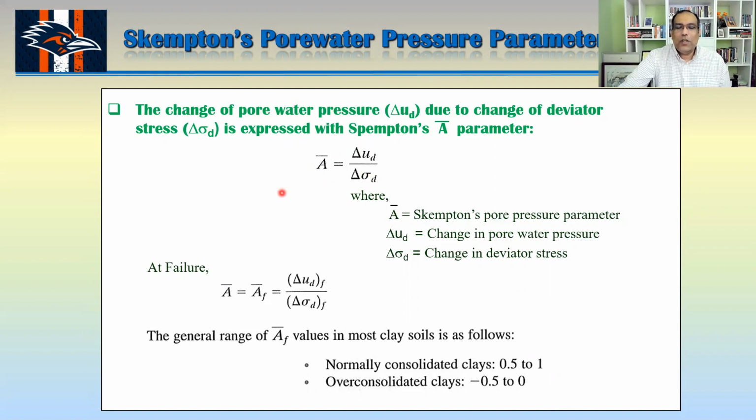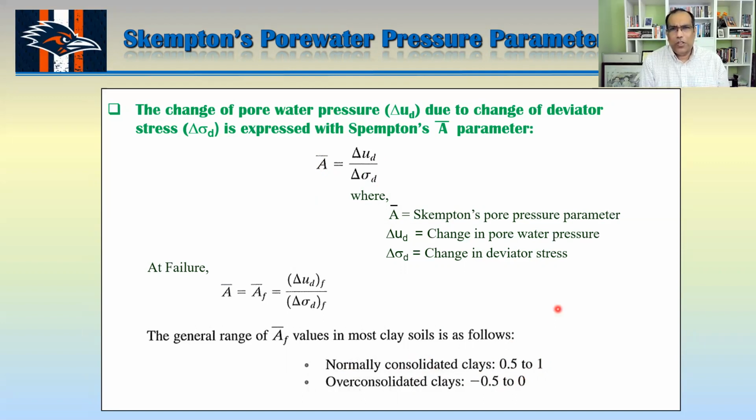So two different stages. Now you can see your A bar value is not equal to 1. Okay, for normally consolidated clay, this could be 0.5 to 1. For over consolidated clay actually -0.5 to 0. Why this negative value?